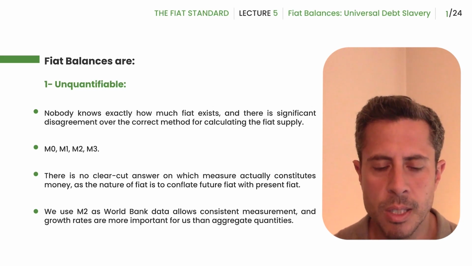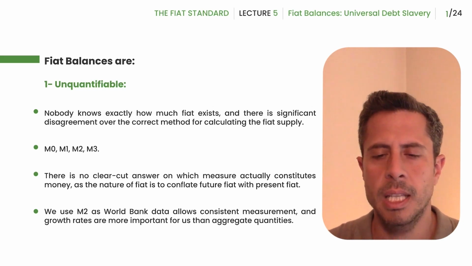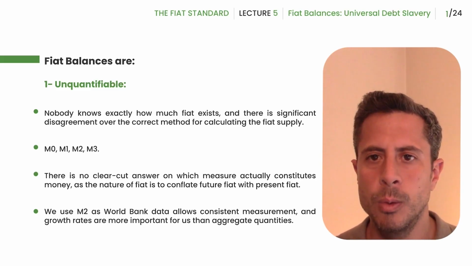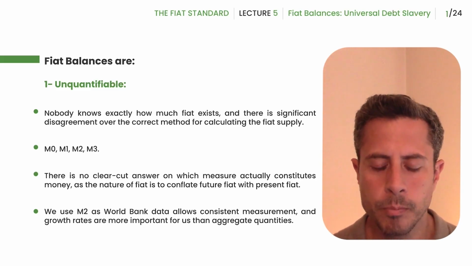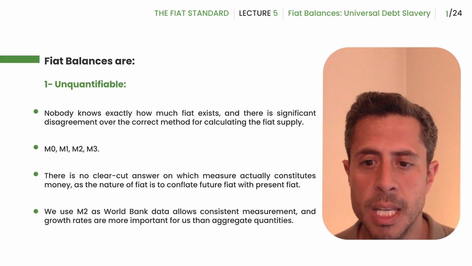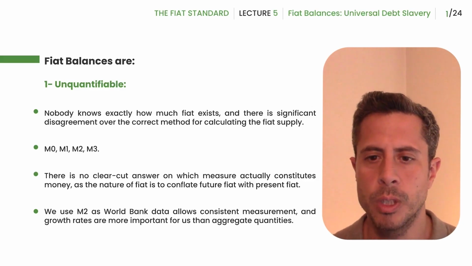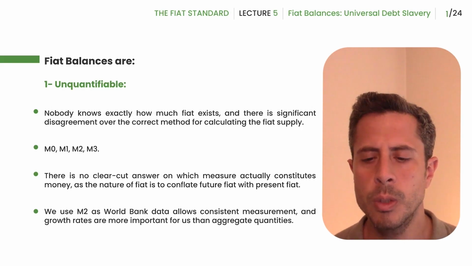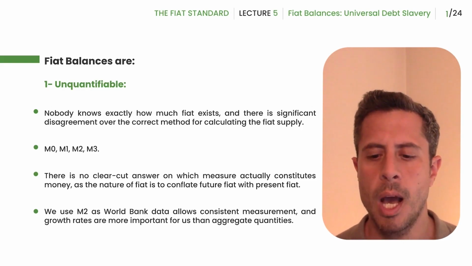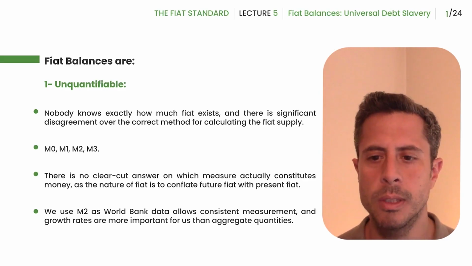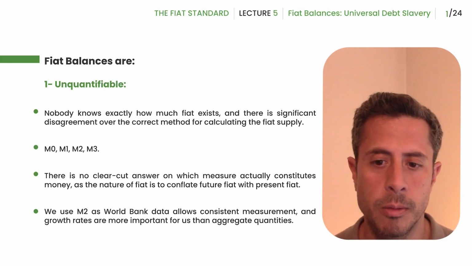With fiat money, it's not very clear what exactly constitutes fiat money, since it depends on what you consider money. And since money is created from debt, a lot of this money has different maturity. So depending on the maturity that you accept of the money, in other words, how readily available that money is for the person who owns it, your definition of money changes under the fiat system.